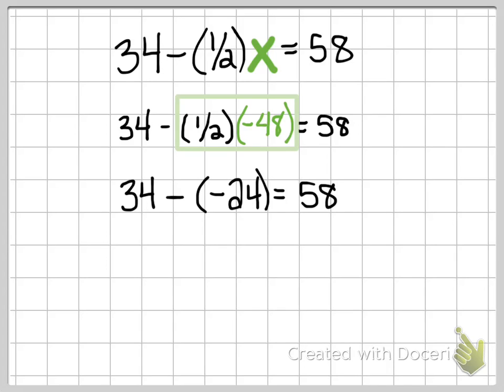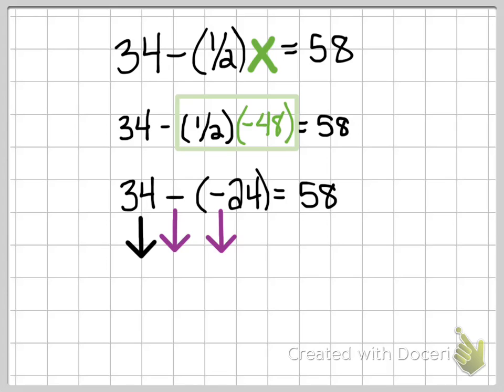I can split -48 into two equal groups of -24. So 34 take away negative 24 is equal to 58. Now we know that subtraction really doesn't happen.